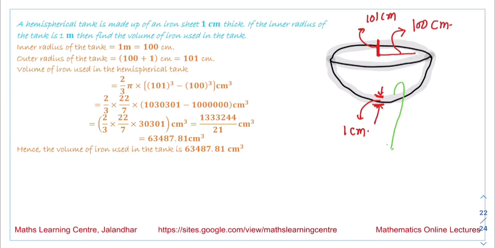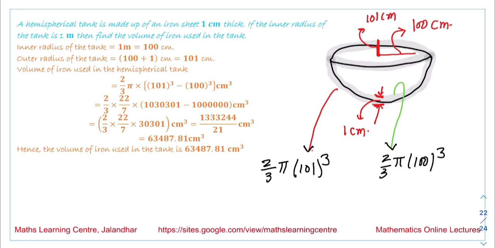So the volume of the outer portion is 2/3 π, and its radius is 101 cube, and the inner volume is 2/3 π into 100 cube. The volume of the iron used will be the difference of these two. 2/3 π is common, and we are left with 101 cube minus 100 cube.